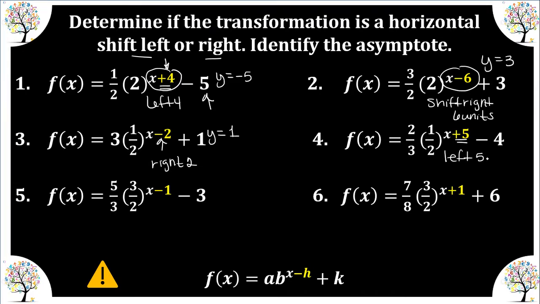In this case, 5 units. Our asymptote is y equals -4. In number 5, when we subtract, we are shifting to the right 1 unit in this example. Our asymptote is y equals -3. And our last one, again, when you add you're shifting left, we're going to shift left 1 unit. Our asymptote is our k value, which is y equals 6. Again, the k value is what changes our asymptote, as well as the range.